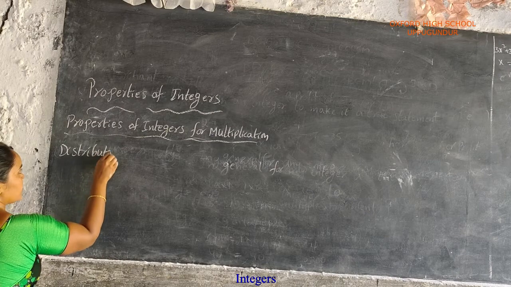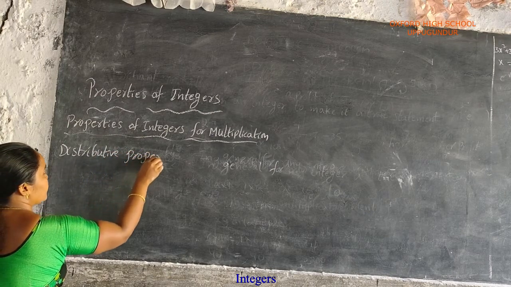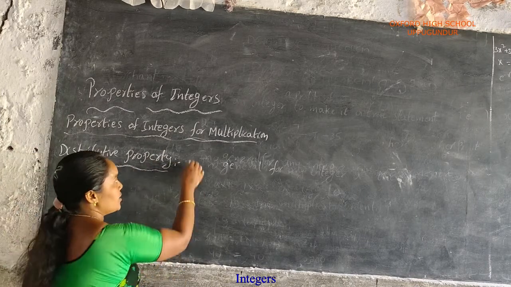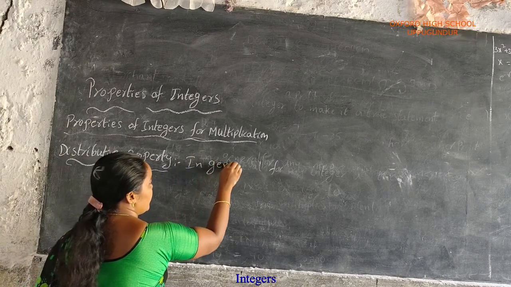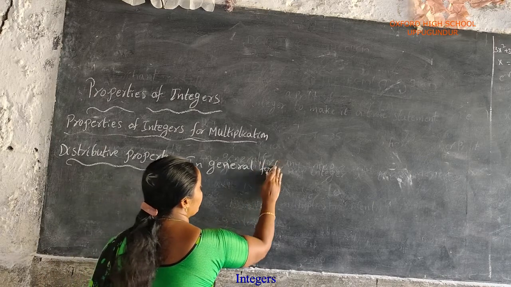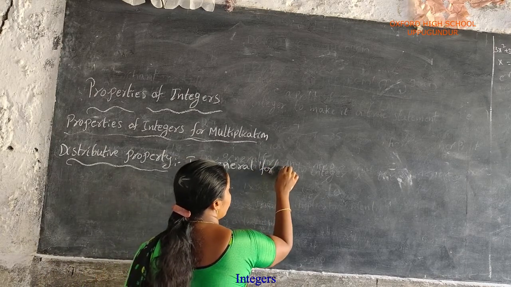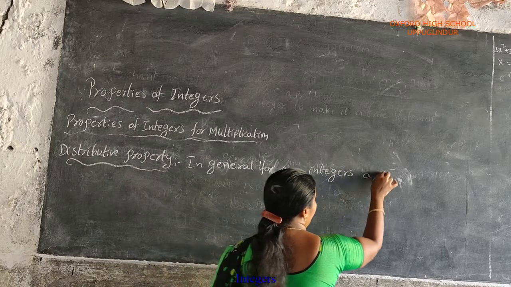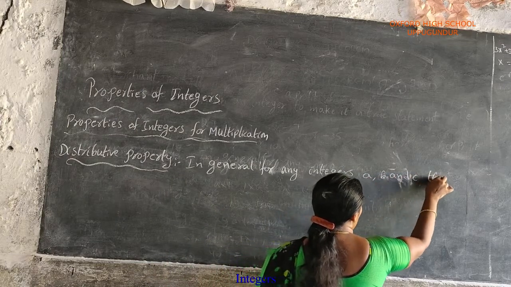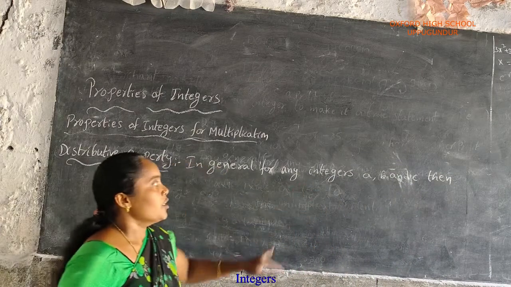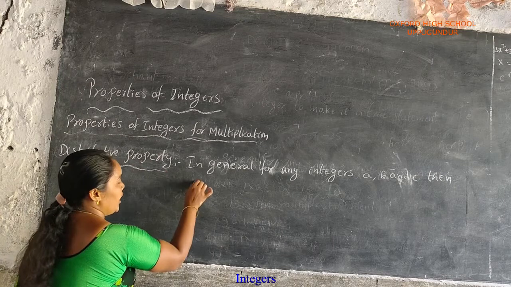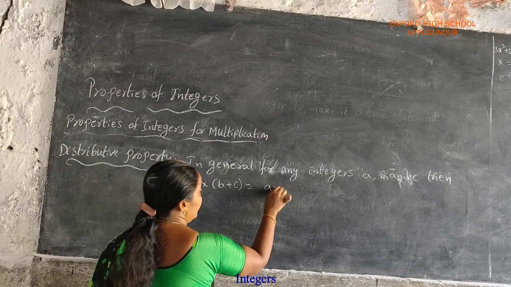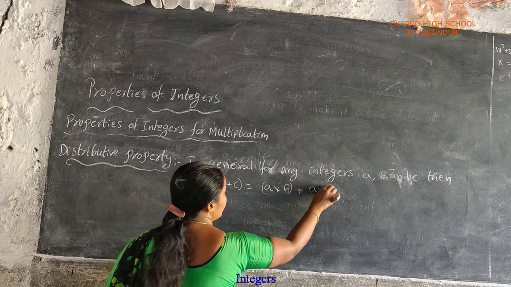Distributive property. In general, for any three integers a, b and c, a into b plus c equals a into b plus a into c.